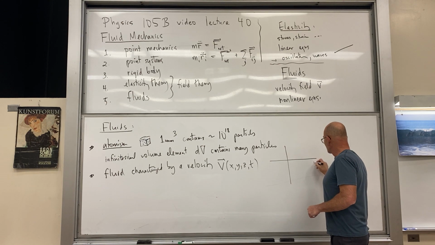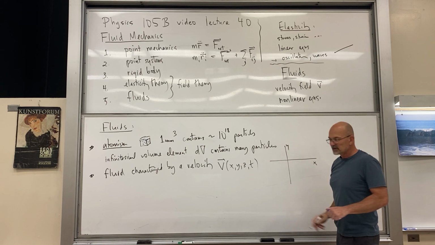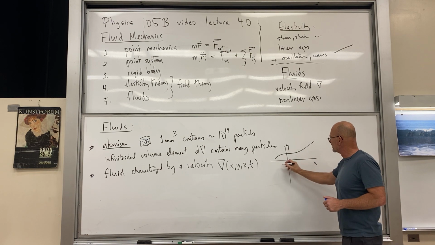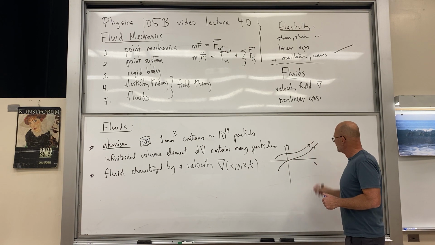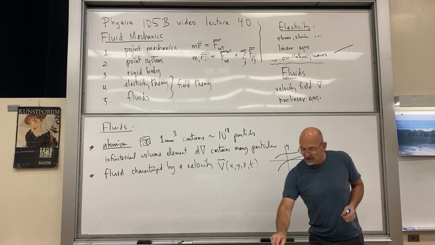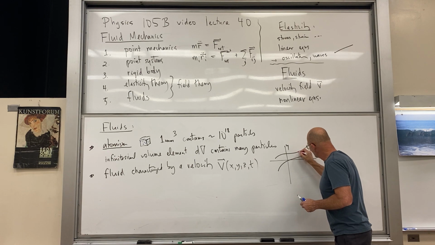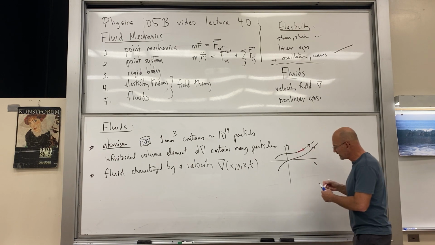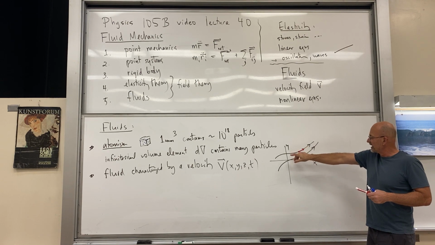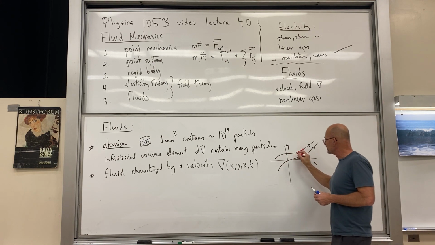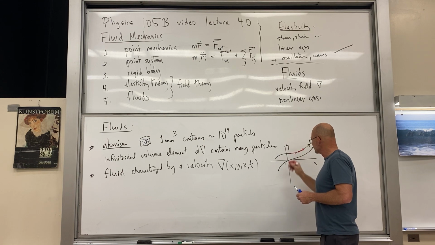So we've got the velocity field. Here we are, say, in our two or three-dimensional space, and we have a fluid flowing. At any point in that fluid, there is a velocity. What I've just drawn is a streamline to a velocity vector, but there's a vector field at any point here.